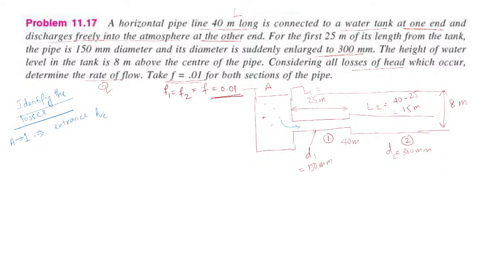Now water has entered inside. Now the pipe itself has its major losses, that is, frictional losses. Now once the fluid is leaving pipe 1 to pipe 2, what is the factor that is happening?